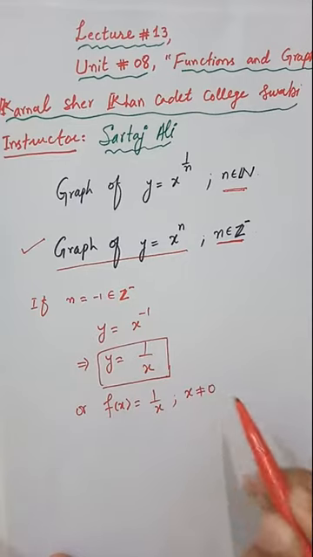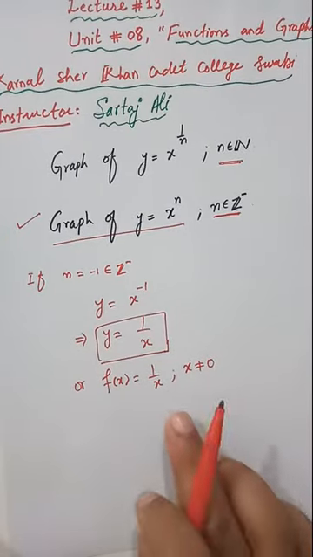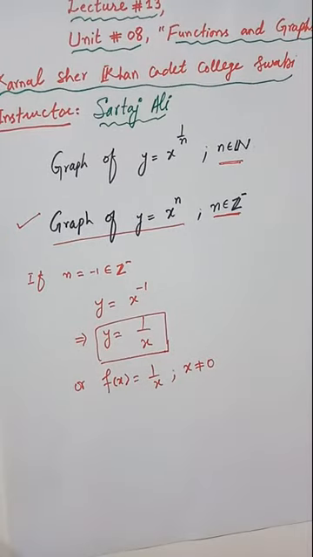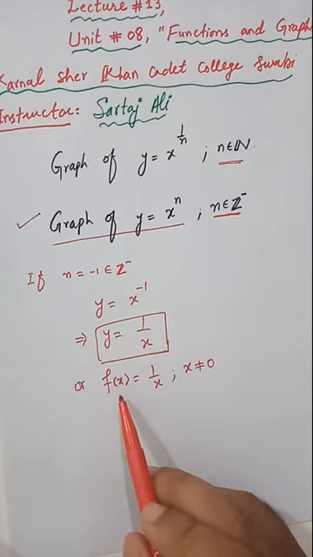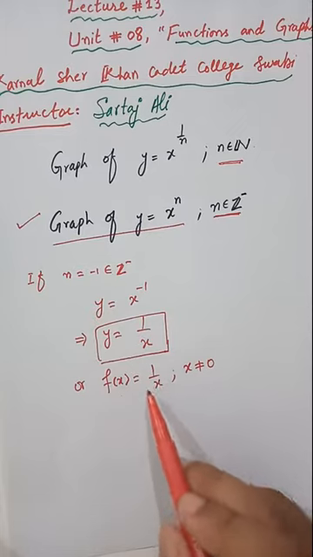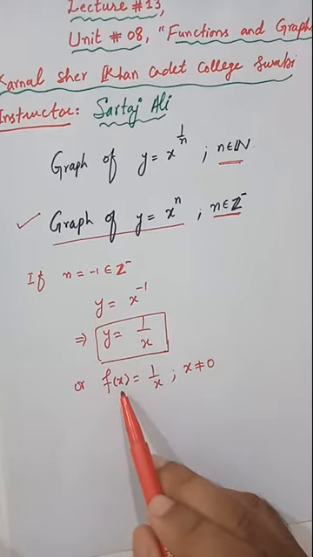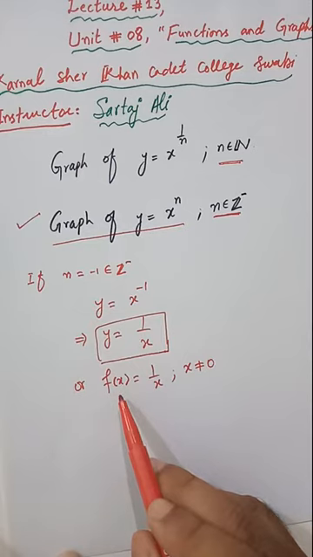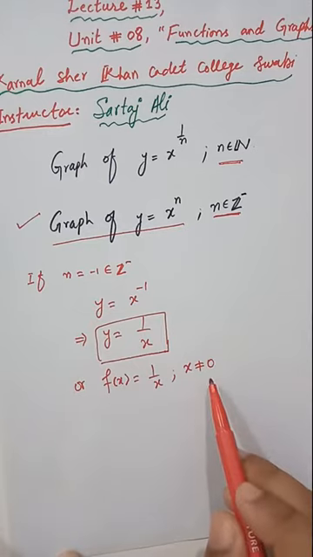Remember, when you are plotting the graph of this function, you will give values to the argument of the function for calculating the range values from the set of the domain. The domain consists of those values for which the function is defined. Here this function is not defined for x equals 0.